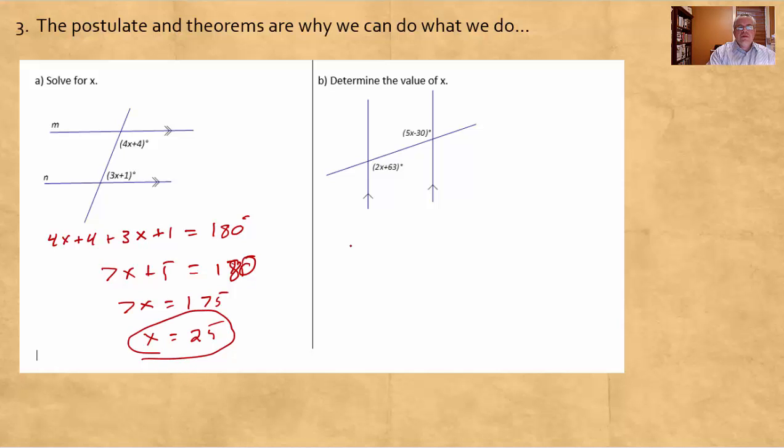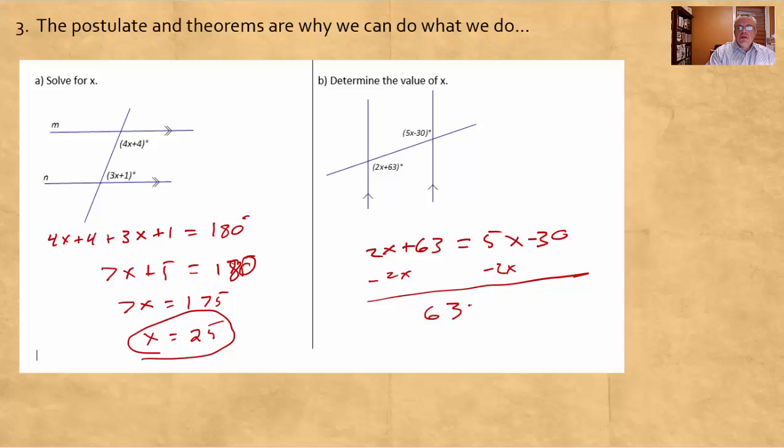Okay, so I'm just doing a quick example here to remind you how to do these. This one, these are alternate interior angles. Well, we use the theorem we proved about that. They have to be equal or congruent. So 2x plus 63 has to equal 5x minus 30. If we subtract 2x from both sides, we get 63 is equal to 3x minus 30.